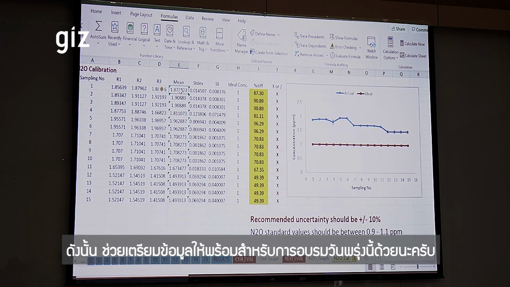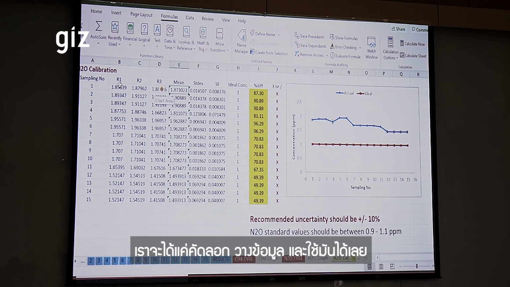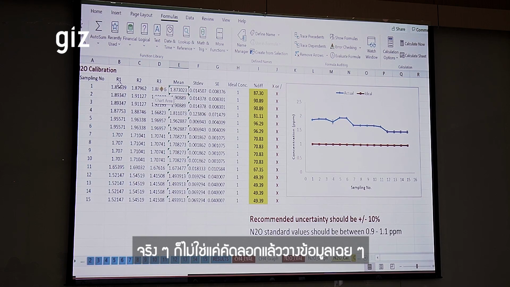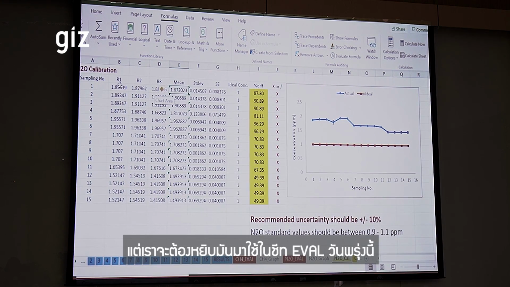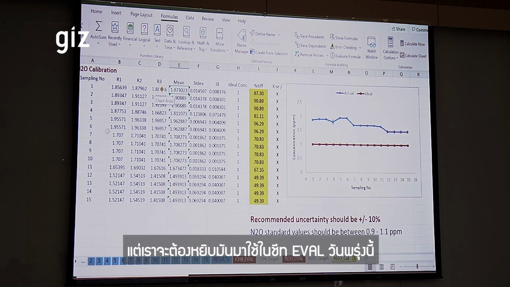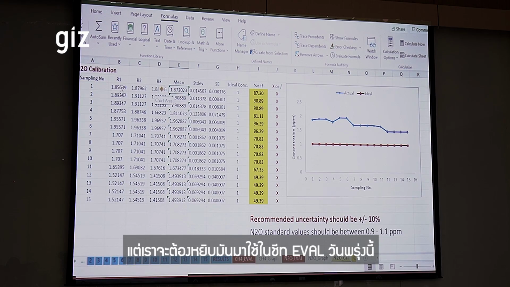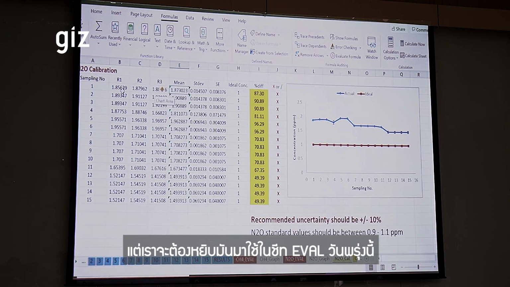This is why please make these data ready until tomorrow, so that we can use them tomorrow to fill in the evaluation sheet.